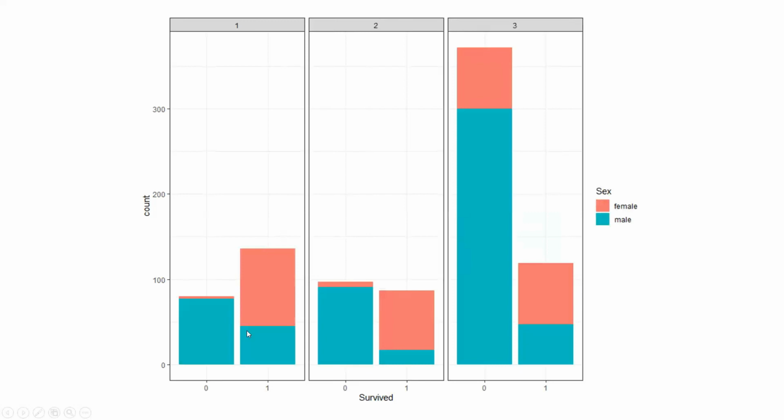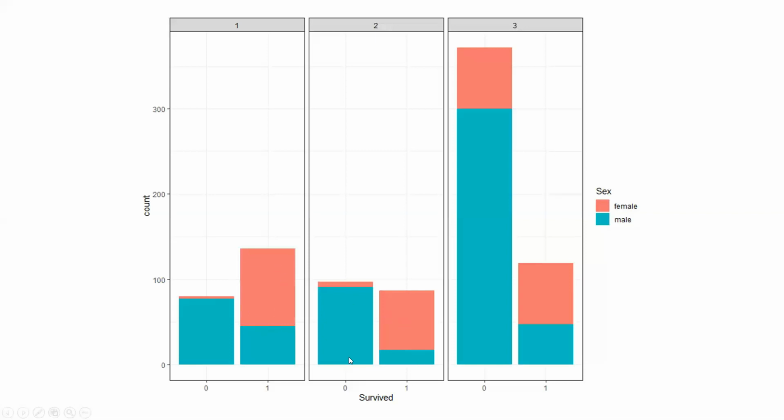Now, survival count class-wise. So you see, in the first class, I'm still doubtful whether females or kids were given preference. So let us look at that angle. In the first class, if you see, those who died, more men died in green, fewer females died. And those who survived, you see, more females survived. This is good news.